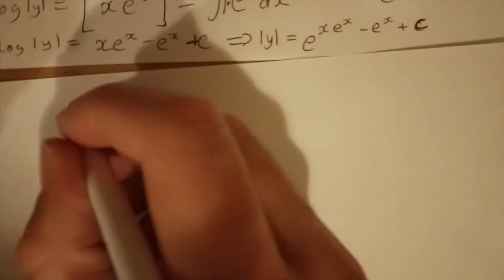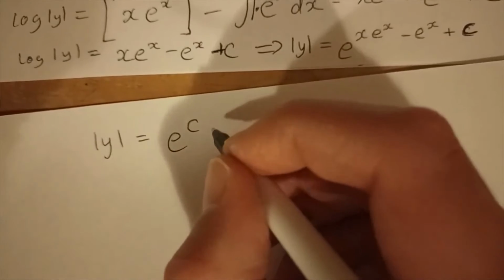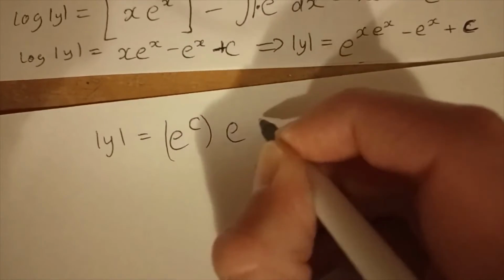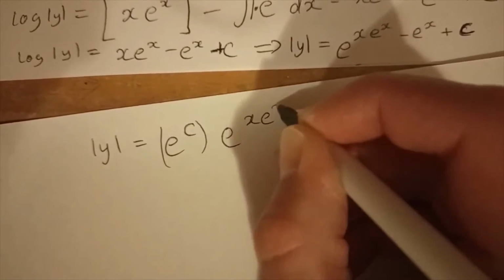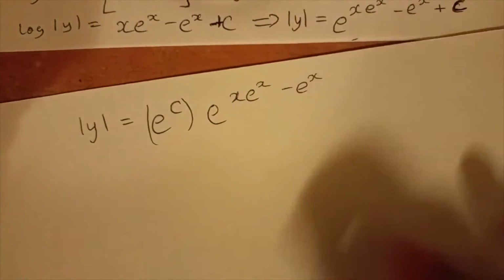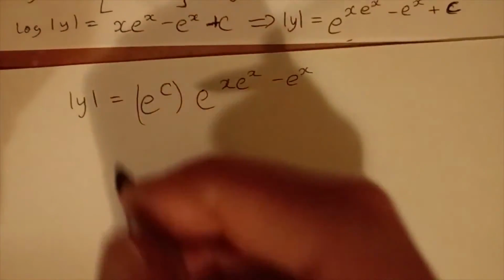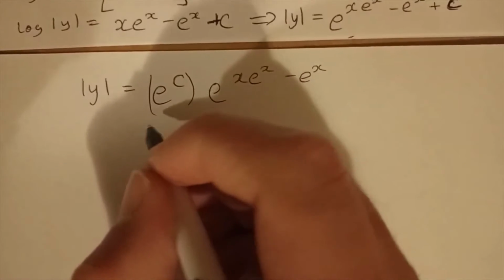So we have absolute value of y equals e to the power c times e to the power of x e^x take e^x. And we'll just call this constant k again.